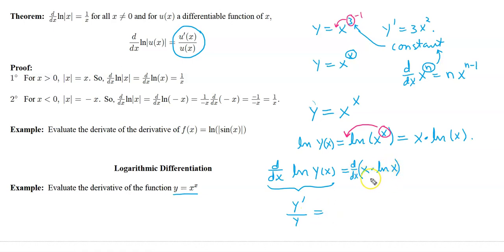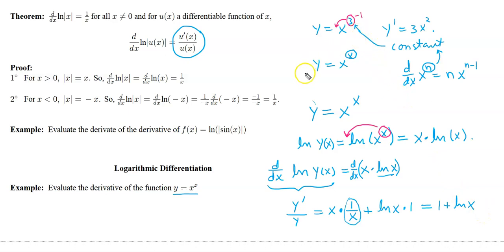So it's going to be x times the derivative of ln x, and that's going to be x times 1 over x, right? 1 over x here. This is the derivative of the ln of x. And then plus ln of x times the derivative of x with respect to x. And then all of this simplifies to 1 plus ln x.